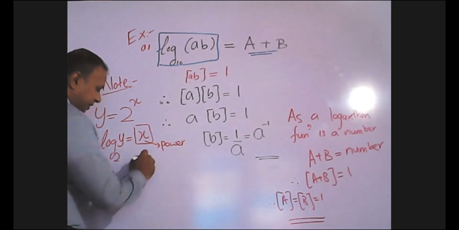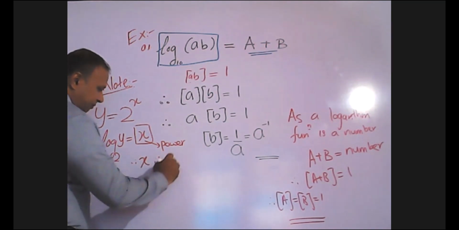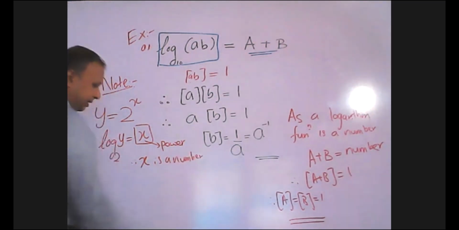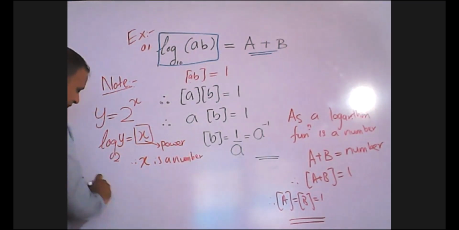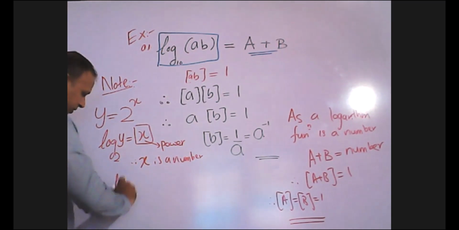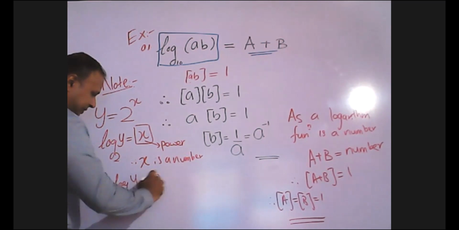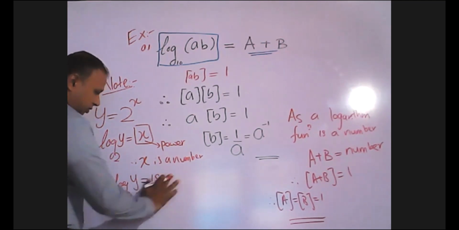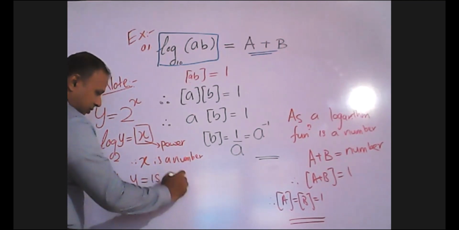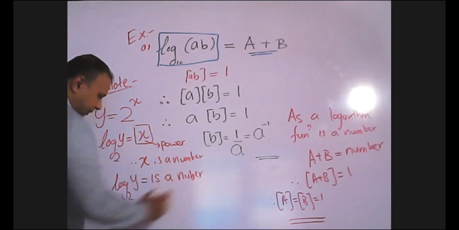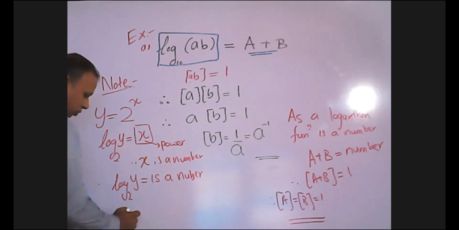Therefore, x is a number. Therefore, this log function, log base 2 of y, is a number. Therefore, logarithm functions are numbers, no?